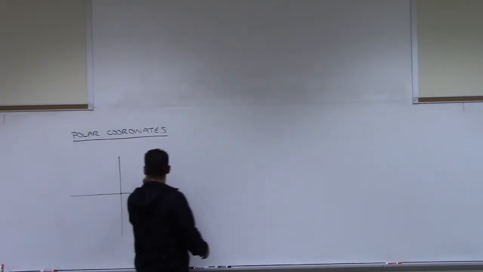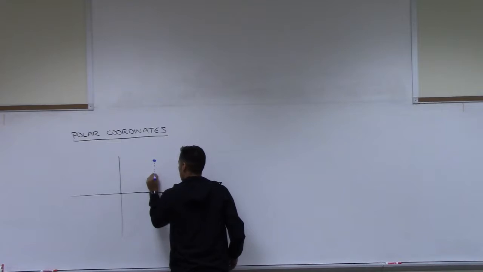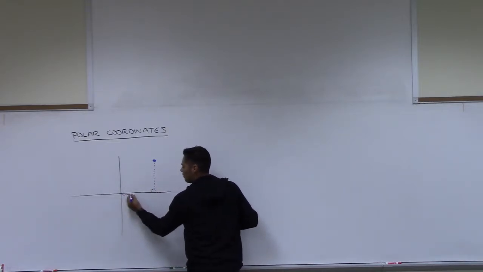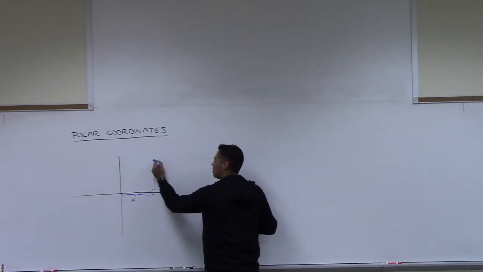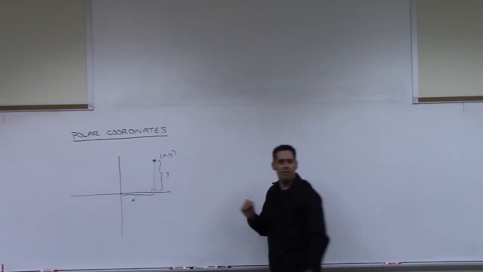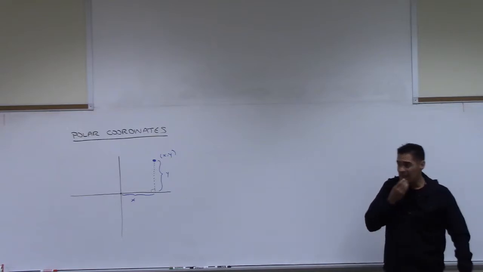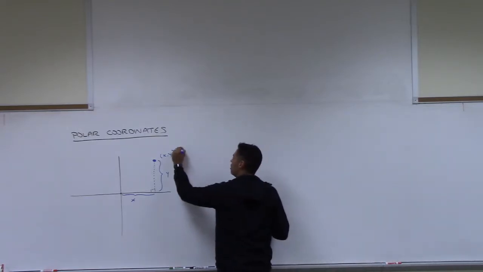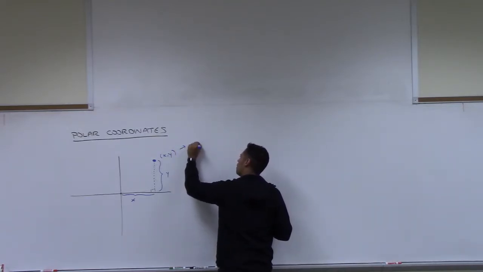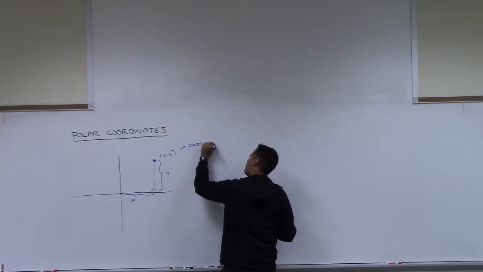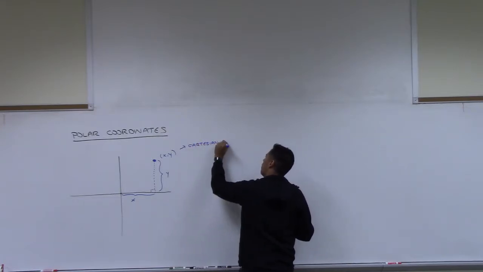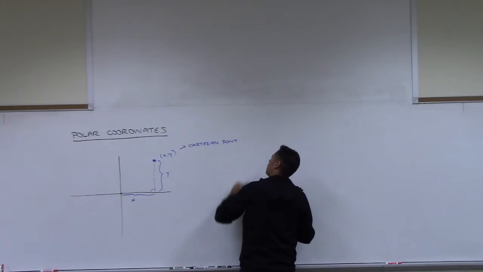So we can almost create ourselves a little drawing here where x is this, and y is this, and then this is the ordered pair, (x, y), right? And this is called a Cartesian point, all right?